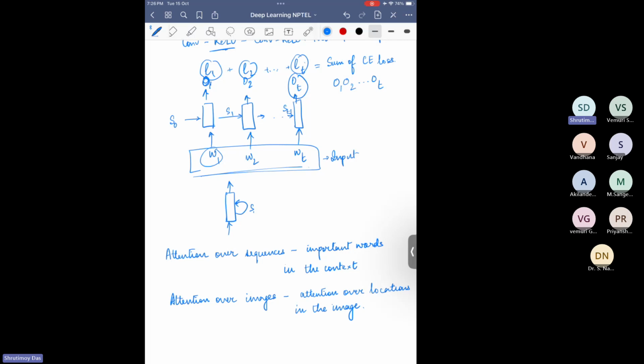In sequences, you just give attention to the words that you have seen and which the network thinks are the most important for the next output. In images, the network learns which part of the image is causing it to give a certain output. The concept is the same, that you have a small neural network that learns weights according to the different locations or different positions over time, but the way it is implemented is a bit different.